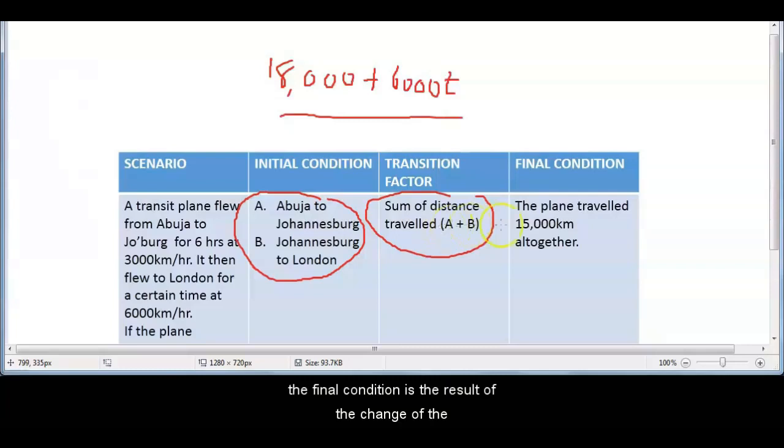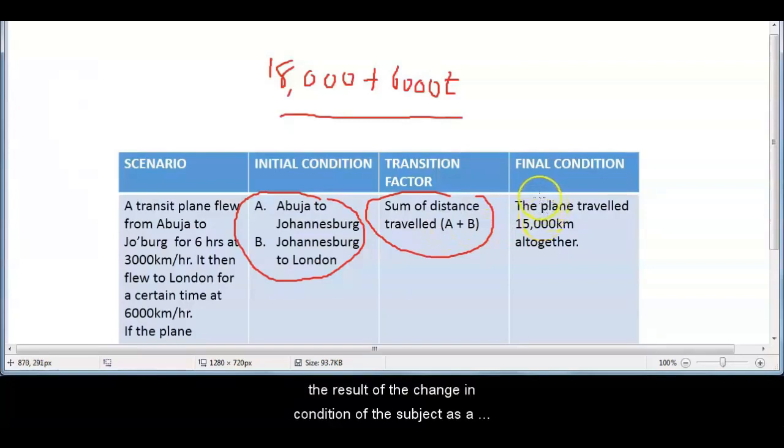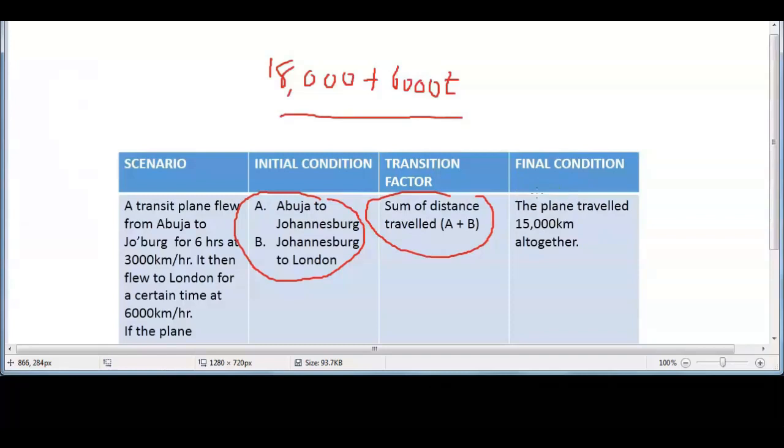Okay, the final condition is the result of the change in condition of the subject as a result of the action performed. As the plane traveled from Abuja to London, the distance changed from 0 kilometers to 15,000 kilometers.